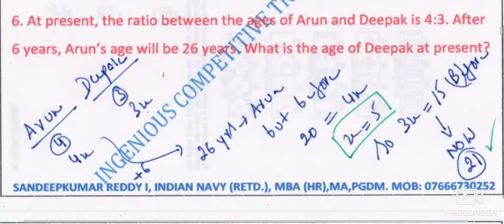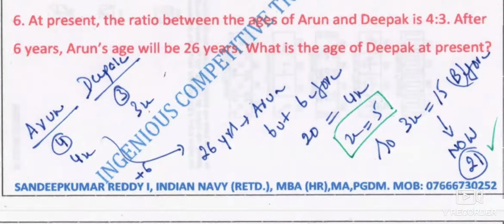Next we have: at present the ratio between the ages of Arun and Deepak is 4:3. After 6 years, Arun's age will be 26 years. What is the age of Deepak at present? As usual, Arun and Deepak are in the ratio 4:3. After 6 years Arun's age is 26, so before 6 years, that is 20, is equal to 4x.